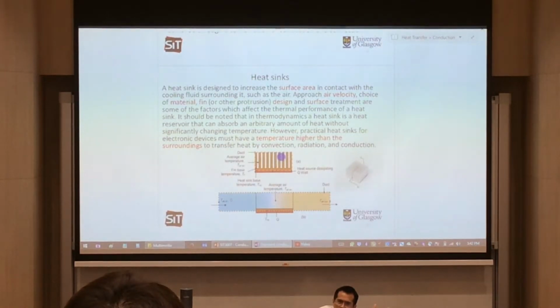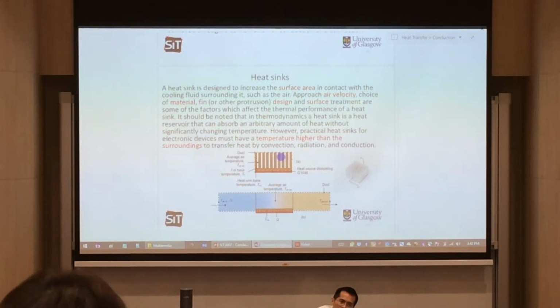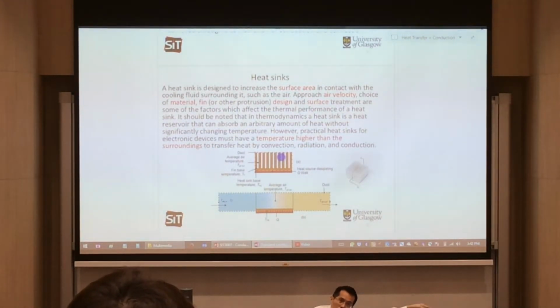So we can assume ambient temperature to be about 30 degrees Celsius. So they were wondering, hey, I have 35 degrees Celsius on the surface that I want to cool down. The ambient is 30 degrees Celsius. Can I put a cooling fin right on top of it, hoping that that 35 degrees Celsius will be cooled down to 30 degrees Celsius? The answer is no. You're not going to achieve a good heat transfer. Why is that so?